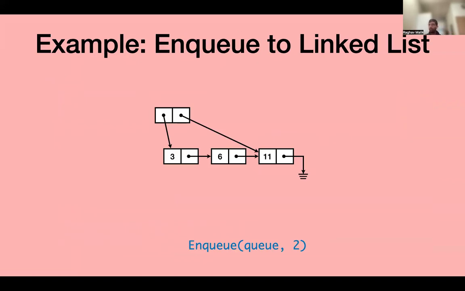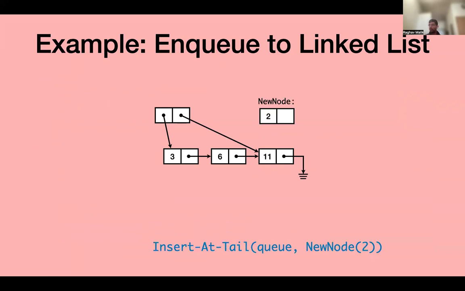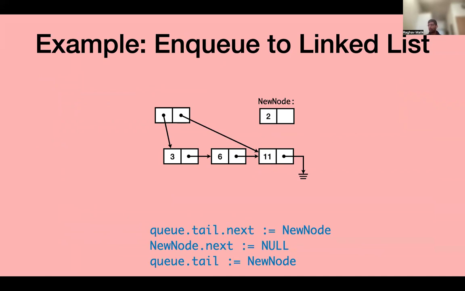All right, so again, enqueuing to a linked list. If we enqueue, we remember that was inserting at the tail. There's 3 steps to inserting at the tail. We set the current tail.next to be the new node. We make sure that the new node.next points to null, and then we update the tail in the queue's header.